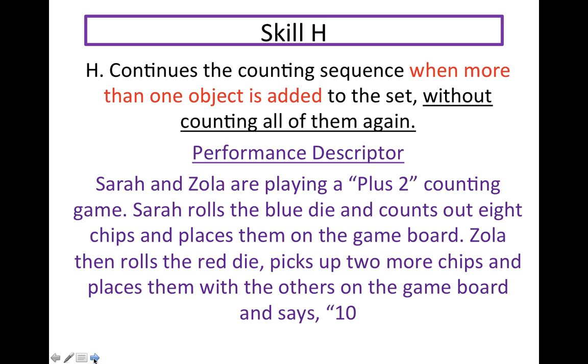Sarah rolls the blue die and counts out 8 chips and places them on the game board. Zola then rolls the red die, picks up 2 more chips, and places them with the others on the game board and says 10. So lastly, in Skill H, a student is able to continue counting a sequence when more than one object is added to the set without recounting.